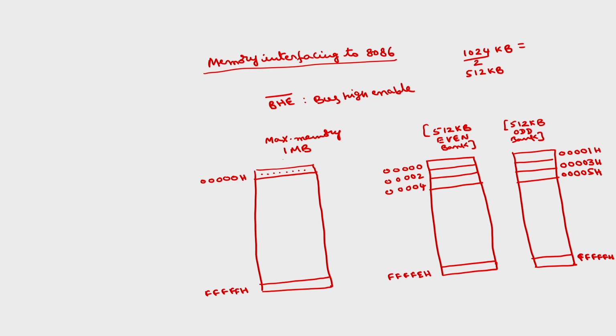Now we know that for even addresses A0 is 0. If I take A19, A18, and so on up to A1, A0, for all even addresses this A0 is equal to 0, and this is equal to 1 for odd addresses.